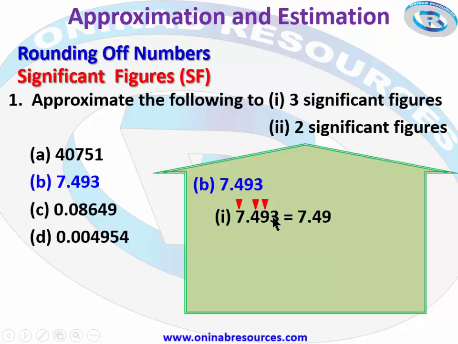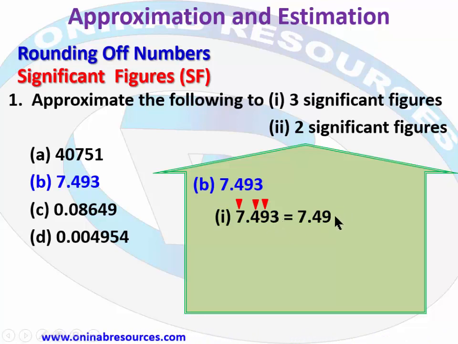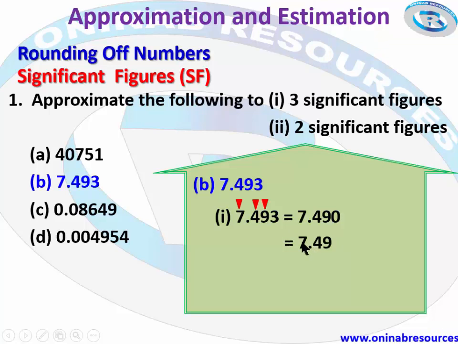Ideally, this 3 is to be returned as 0, but because the number is coming after the decimal point, the 0 is negligible. So we now have our final answer as 7.49 to 3 significant figures.